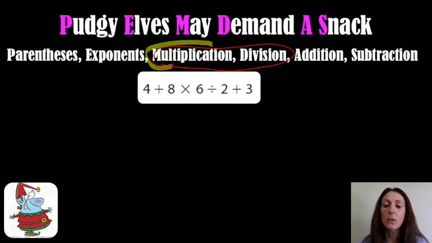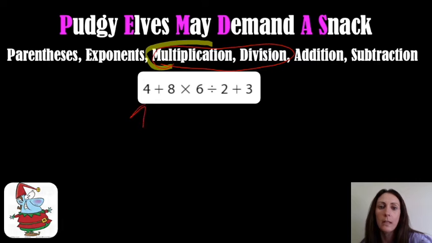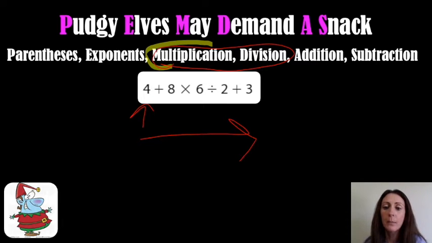So this means we always solve our problems moving from left to right. We saw that in the Learning Bridge video. So I start over here with my 4, and I move to the right. Multiplication and division are interchangeable. So it's not that you solve all of the multiplication in the problem first and then move into division.